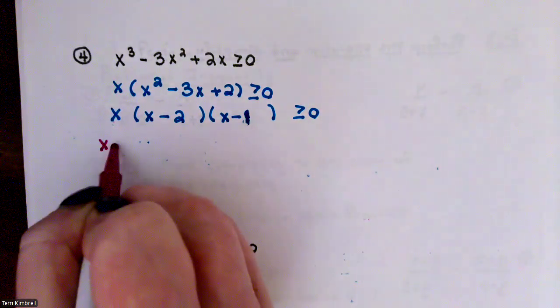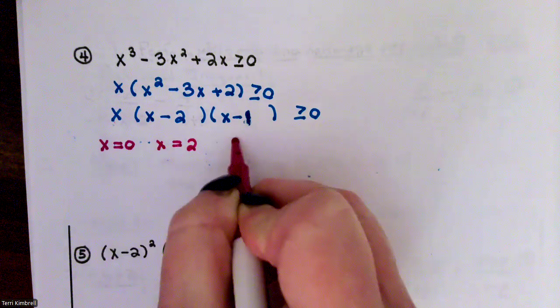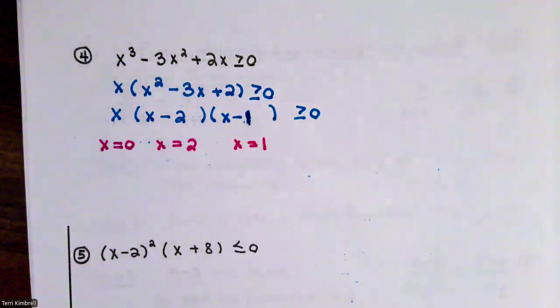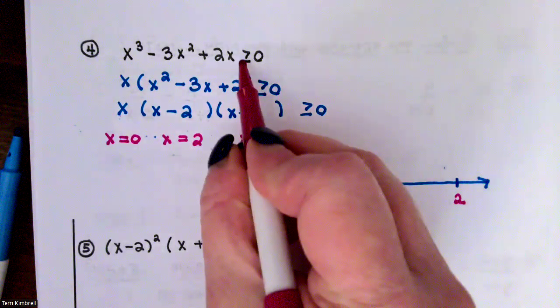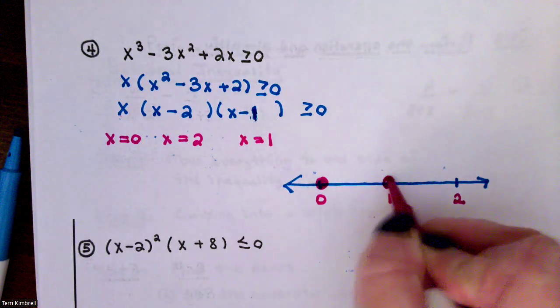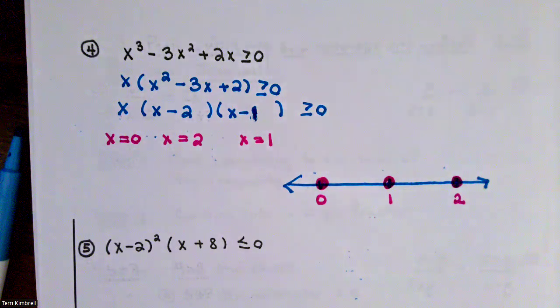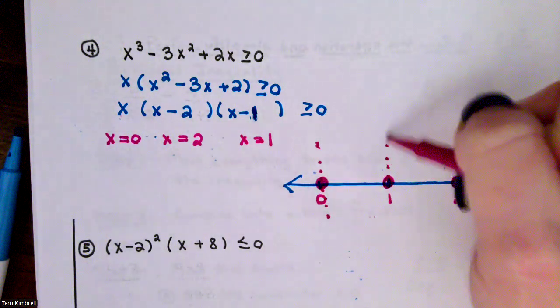So one of my zeros is 0. The other one is 2, and the last one is 1. So putting a closed on those points, since it's equal to those zeros, make sure they're in the correct order, and then you're going to test each section.